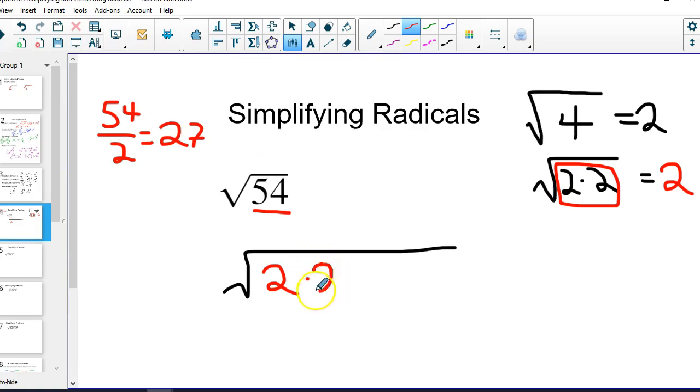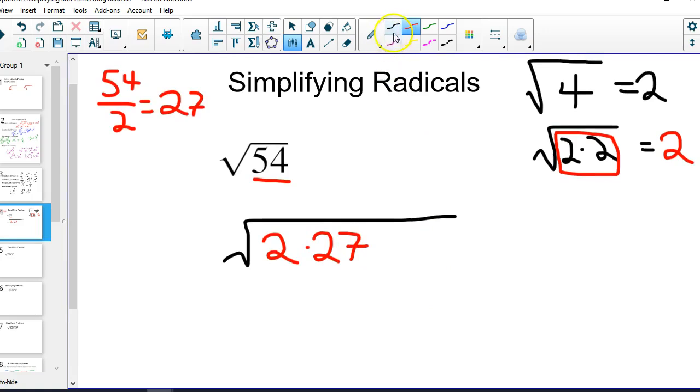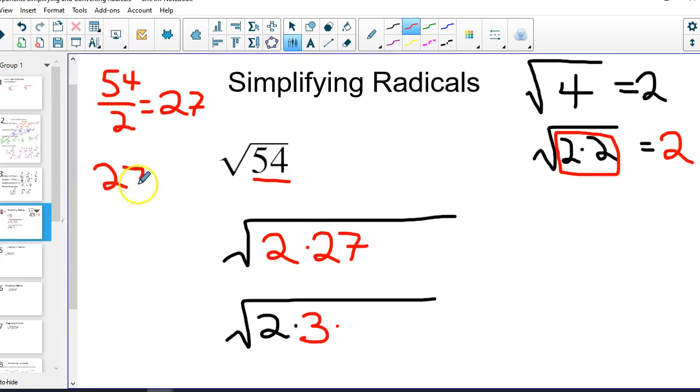So we have 2 times 27. And then I know that 3 goes into 27, because 27 divided by 3 is 9.